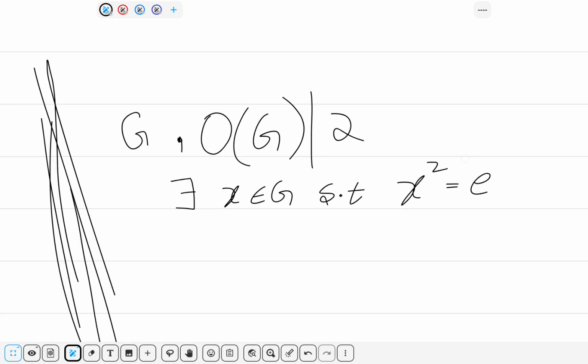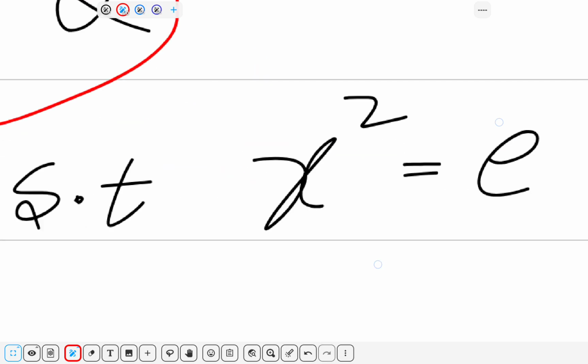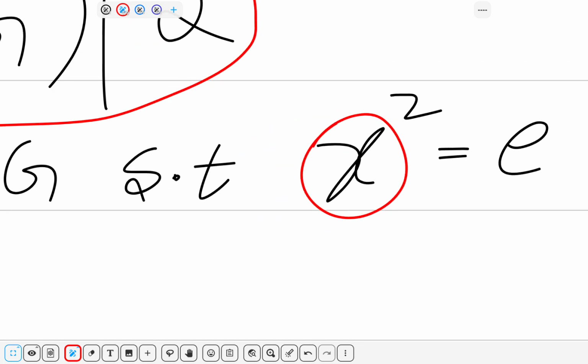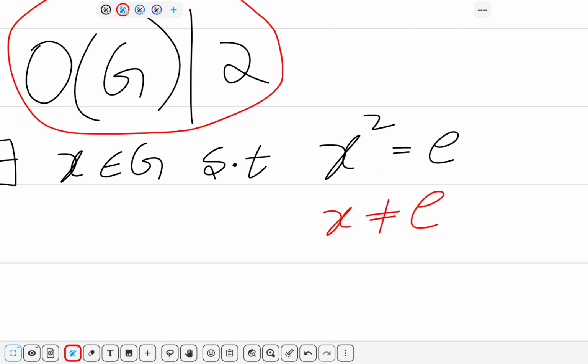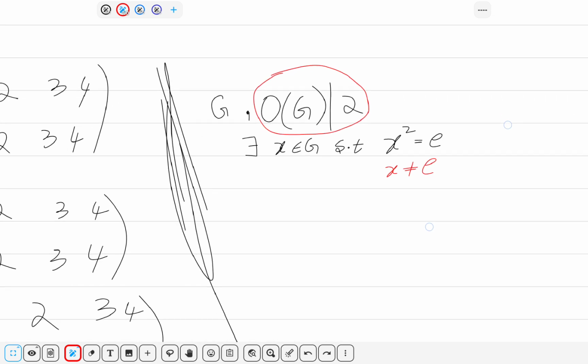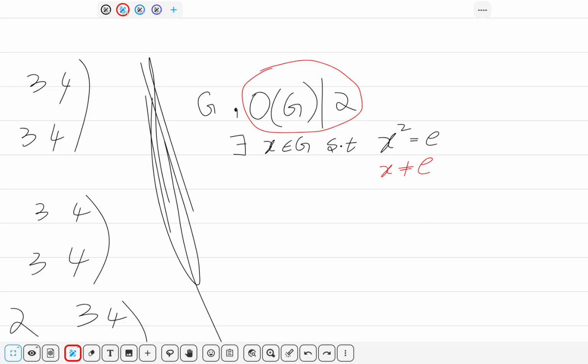There will always be at least one such x, provided that the number of elements in this group is even. And don't think, oh, identity. No, no, no. I am talking about non-identity elements only. Yes, there is always at least one element which is not identity but still gives identity when squared, if you have an even ordered group. So try it. I don't know how it works, but yeah.